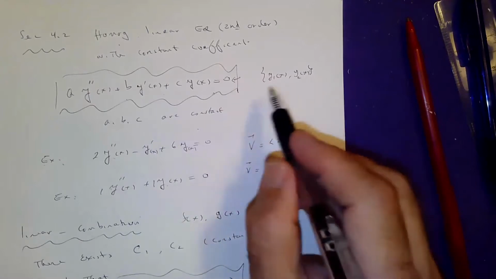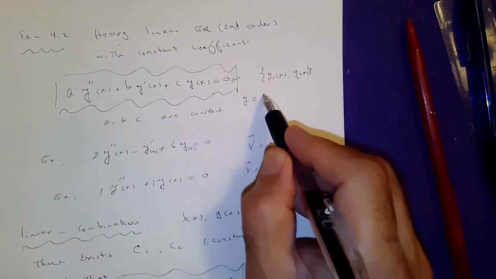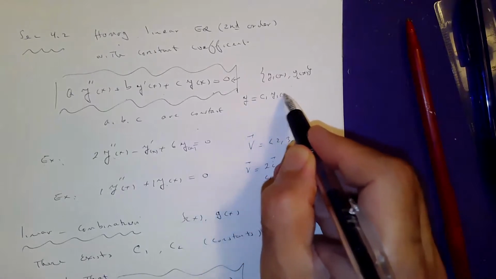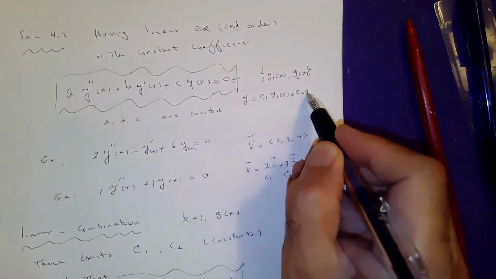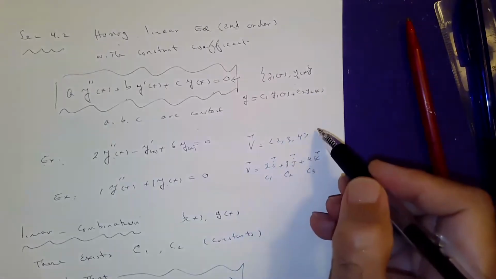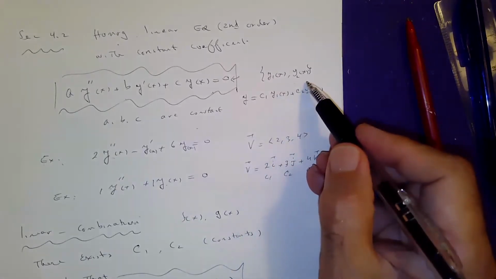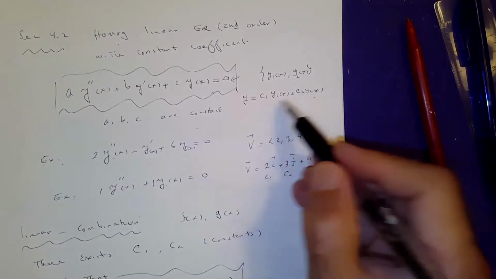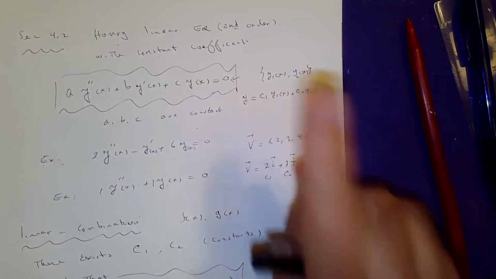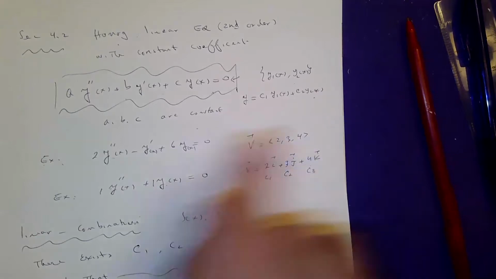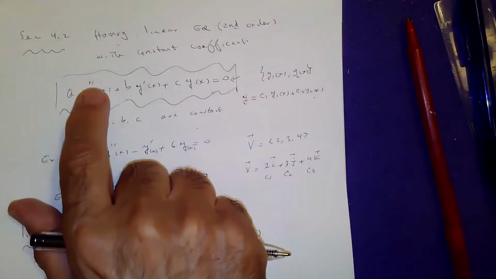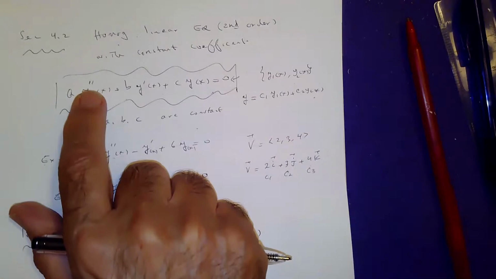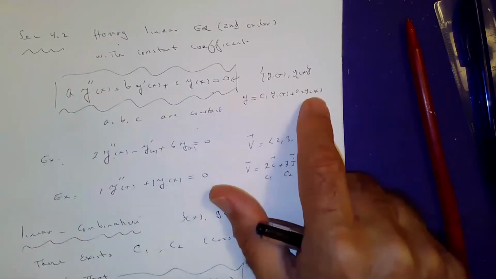Why? Because the final answer will be a linear combination of these guys. And if they were linearly dependent, that means they were combinable, and in turn, I would only get one C. And remember, last time we talked about the order of the differential equation determining the number of C's you have in your final answer.